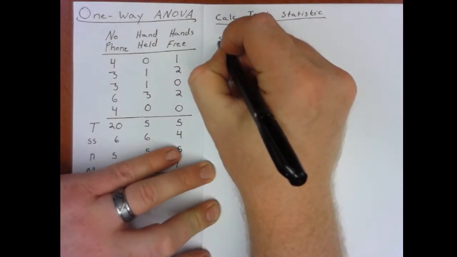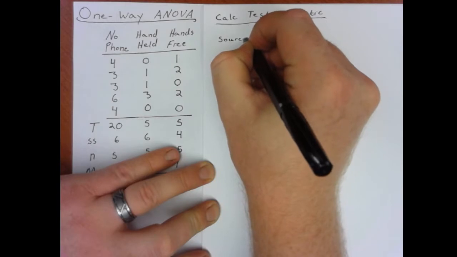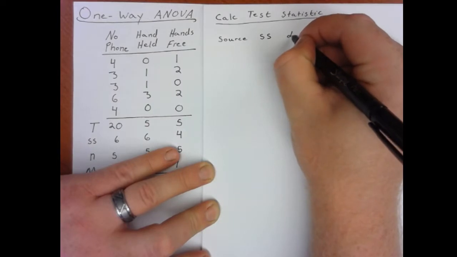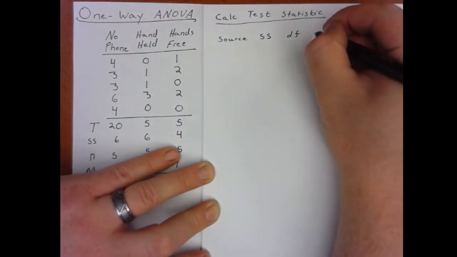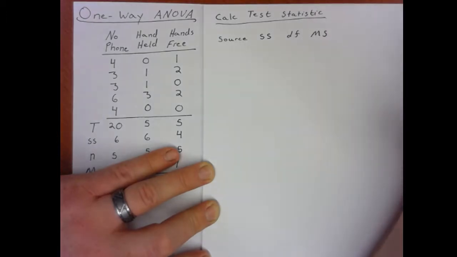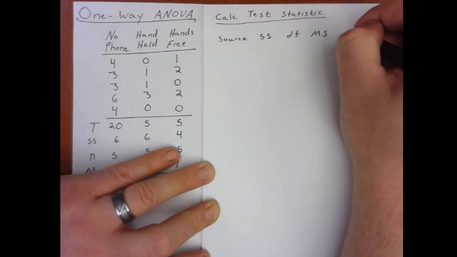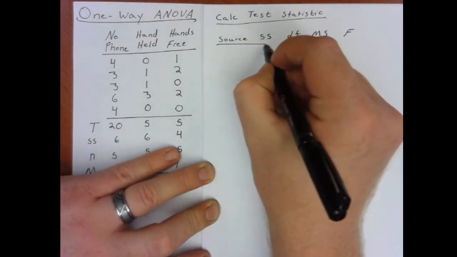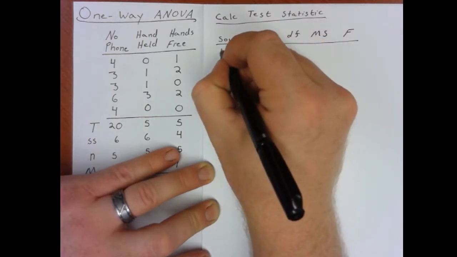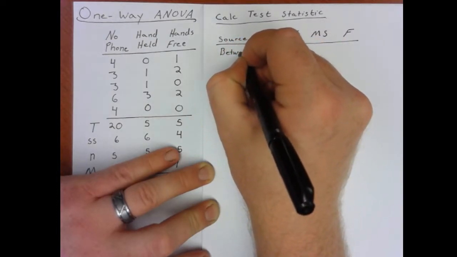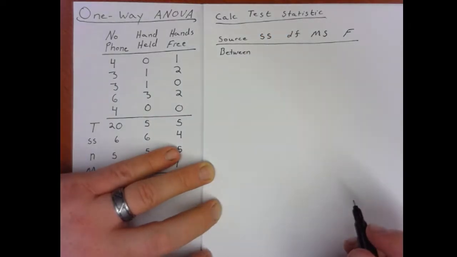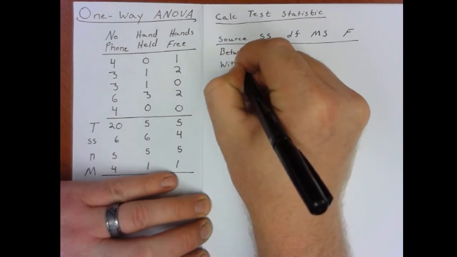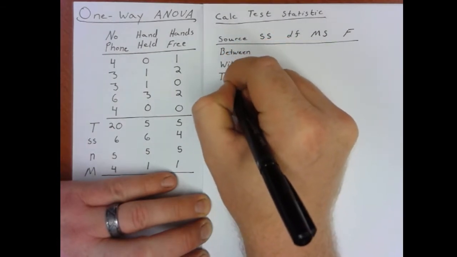So, first column of this table is going to be the source, or source of variance, the sum of squares for that source of variance, the degrees of freedom for that source of variance, the mean square for that source of variance, and then our final F value that we end up calculating. Now, in terms of rows, we're going to have a row for the between groups variance, the within groups variance, and then the total variance.